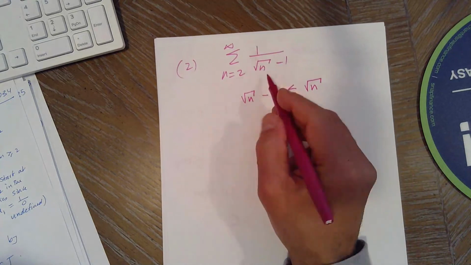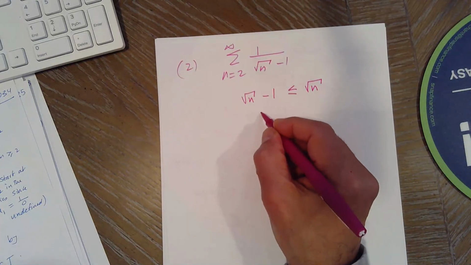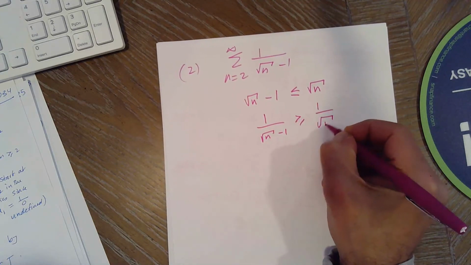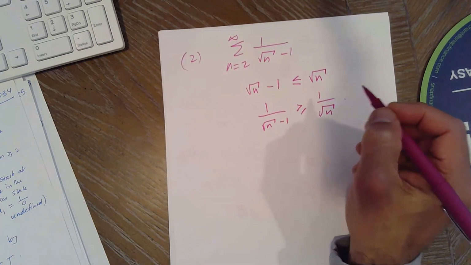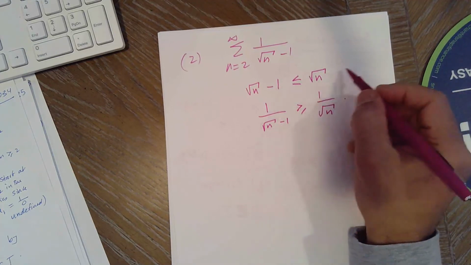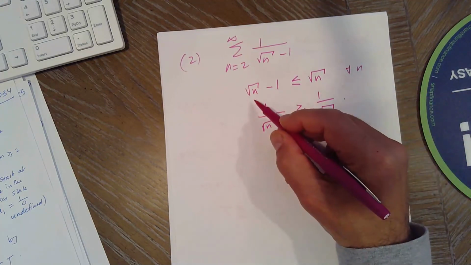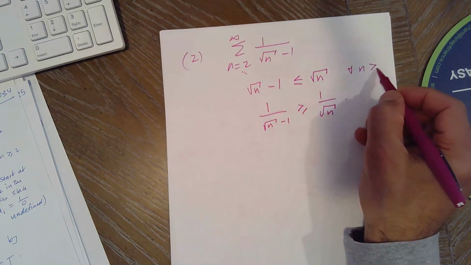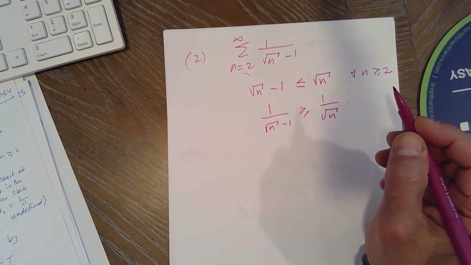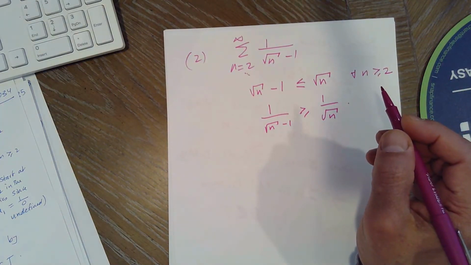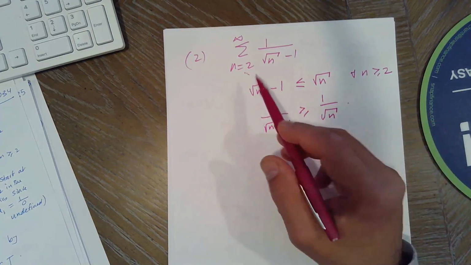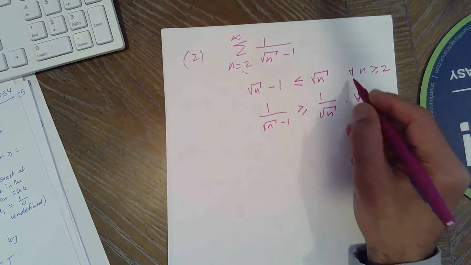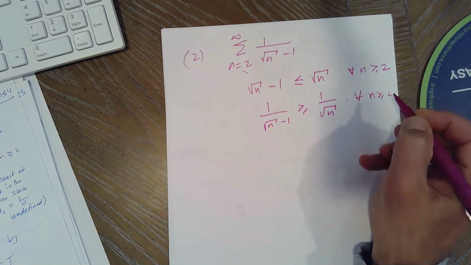Okay, but if we do 1 over, that's going to be greater or equal to 1 over root n. Now at 1 it's going to be true, but we're starting at 2, so we'll just use 2. And you can see why we don't start at 1, because that would be undefined. For all n greater or equal to 2.